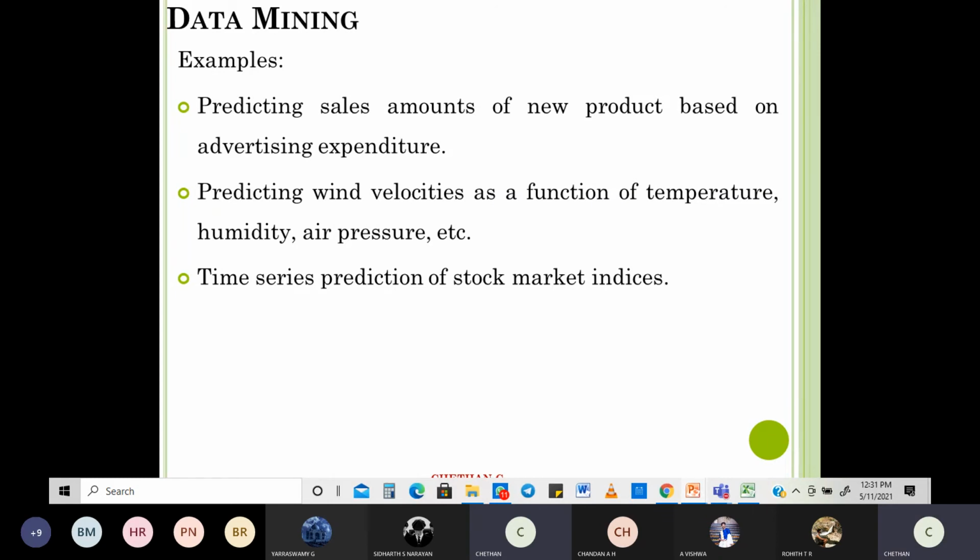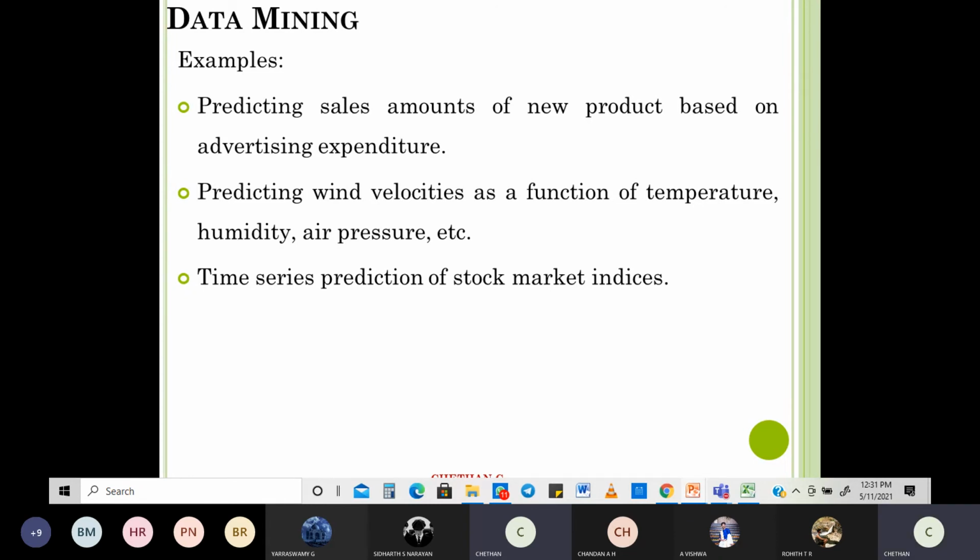Okay, predicting the wind velocities as a function of temperature, humidity, air pressure, etc. This is what everyone does when it comes to weather forecasting. They'll take a few models, a few attributes, and based on that they predict something that is going to happen. They generally take the temperature, the wind velocities, where the wind is blowing, and then what is known as humidity.